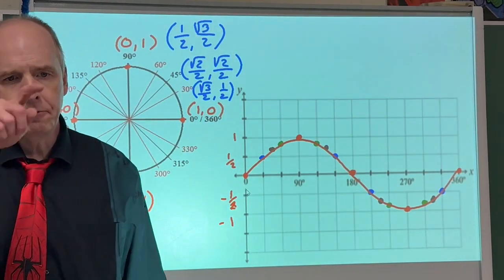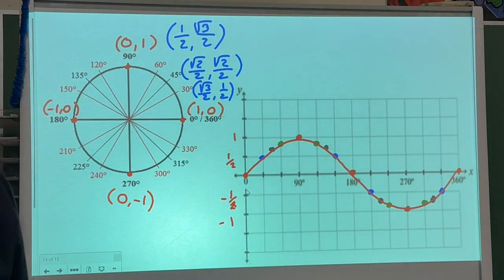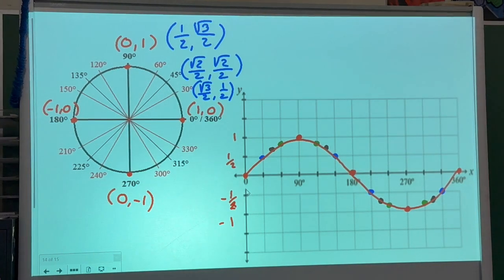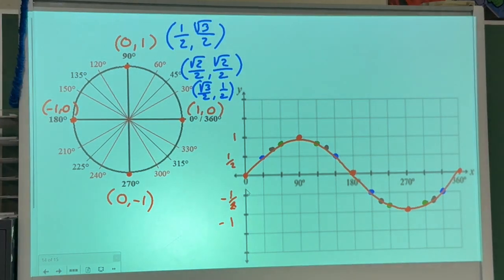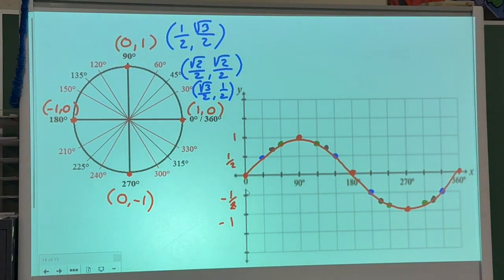Just don't give me those straight lines. Give me the curve. When you guys are graphing, the only ones we need really are 0, 90, 180, 270, back to 360. If you have those 5 points, you can draw your curve. You'll do it both in degrees and you'll figure it out in radians.